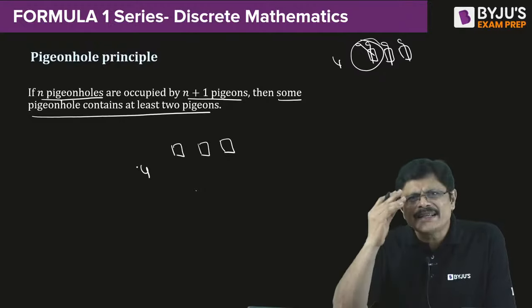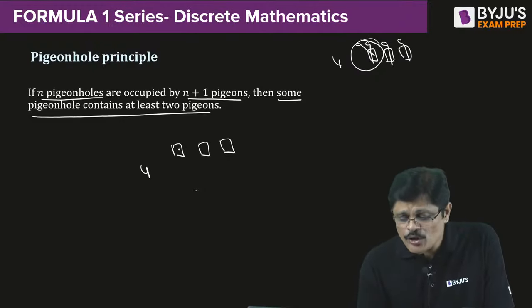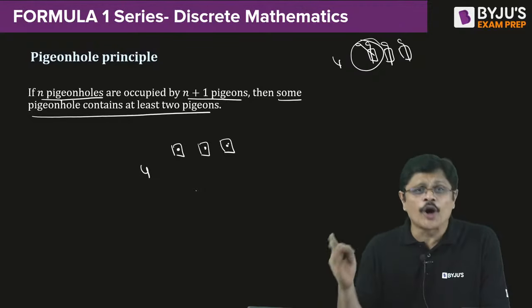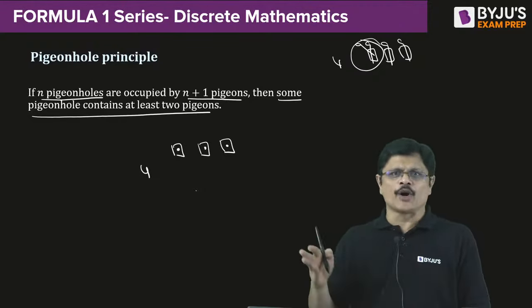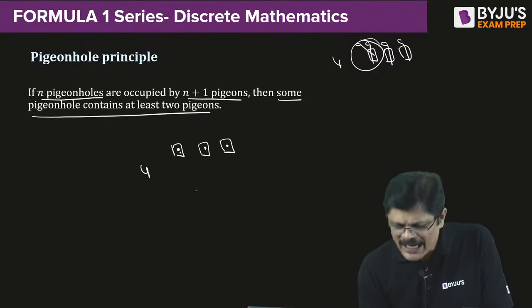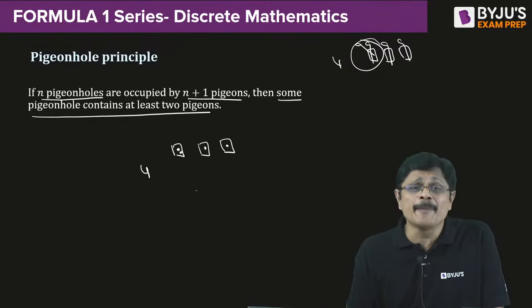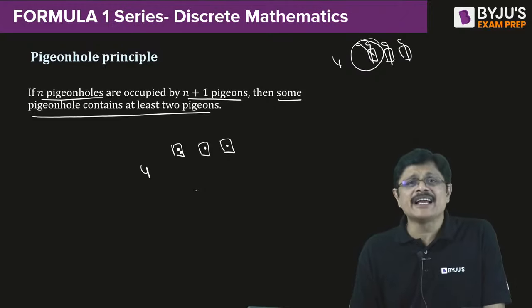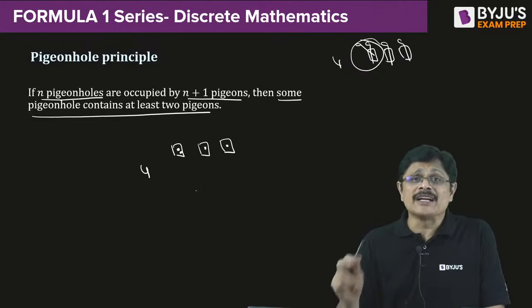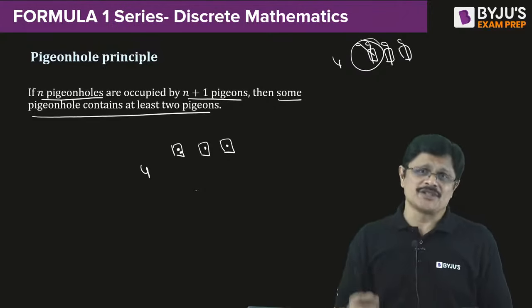This situation which I gave is called the worst case situation. First pigeon, second pigeon, third pigeon occupy these pigeonholes in a systematic order. But the fourth one has to occupy a preoccupied pigeonhole. So definitely one pigeonhole should contain at least 2 pigeons.